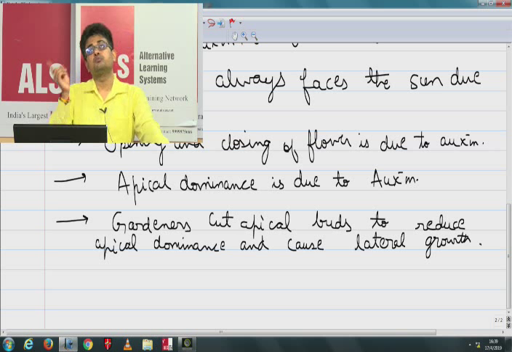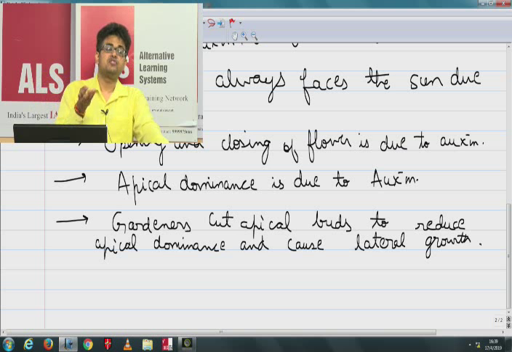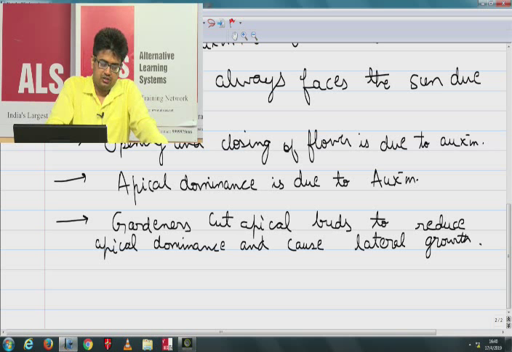Sunflower produces more auxin. Lotus produces more auxin. So whenever more auxin is there, the effect will be more pronounced and clearly visible. If the auxin quantity is less, then the effect will be very less and difficult to observe.